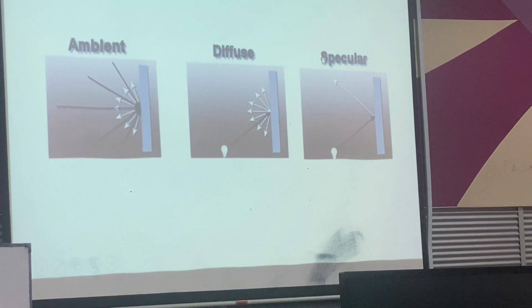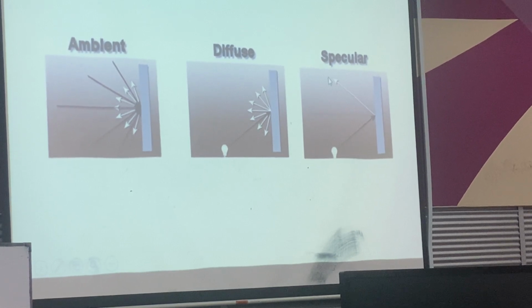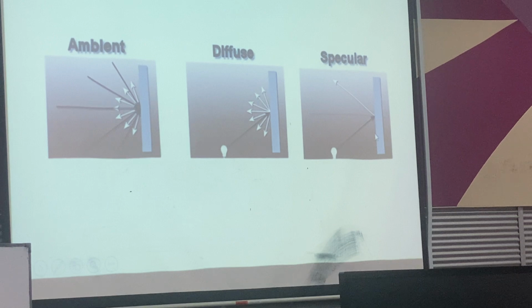However, specular light is fully reflected in one direction. So this part will look extremely bright, shiny, fully reflecting your light source. That is specular. We'll go into them one by one now.